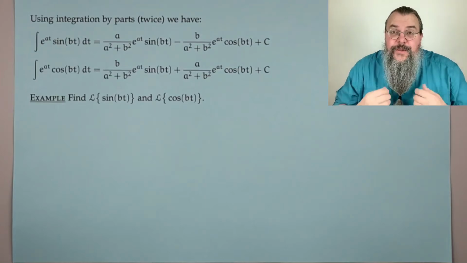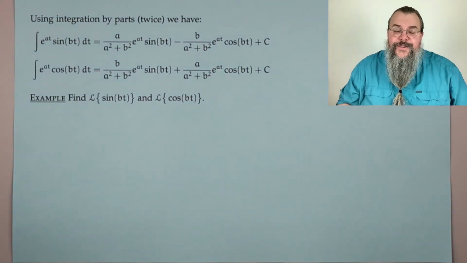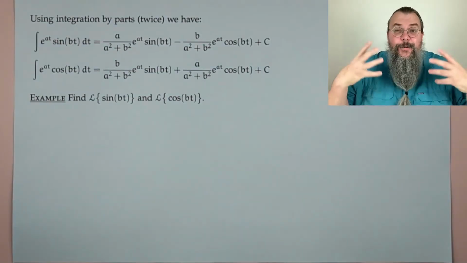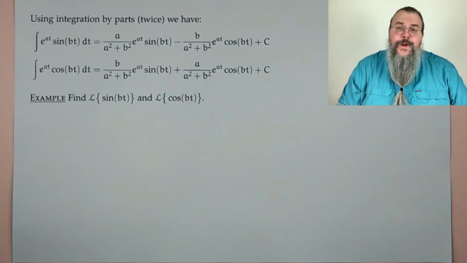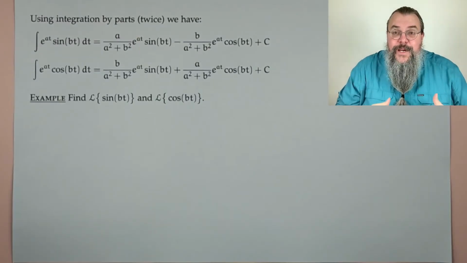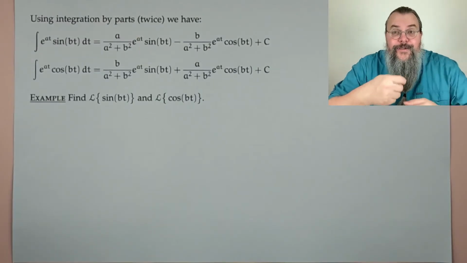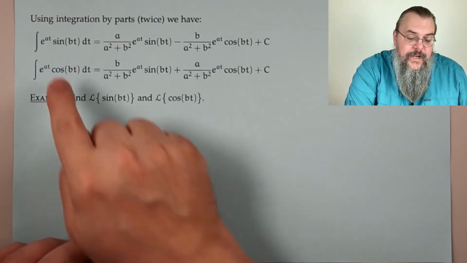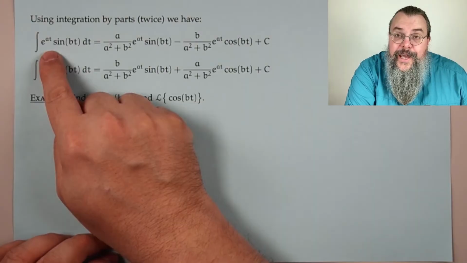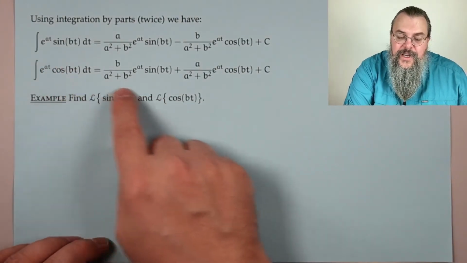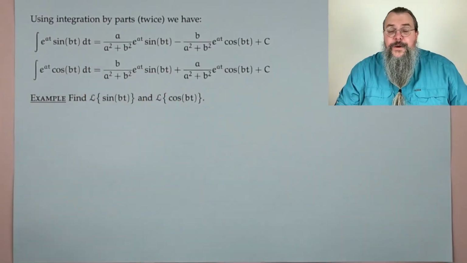If you dig through your old Calc 2 notes, Calc 2, what a glorious time, a wonderful, exciting class, you'll discover that we did integration by parts twice, and then rearranged to figure out how to integrate something like e to the at sine bt or e to the at cosine bt, and we have these expressions.